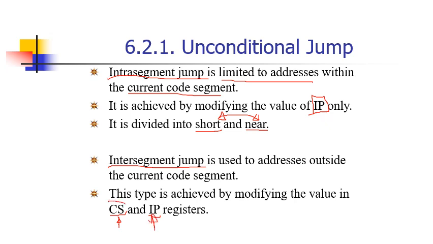You have to change the value of your CS because you intend to leave the currently active code memory segment for another one, and CS holds the starting address of the new current code memory segment.